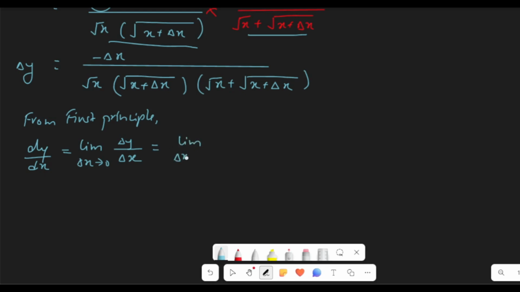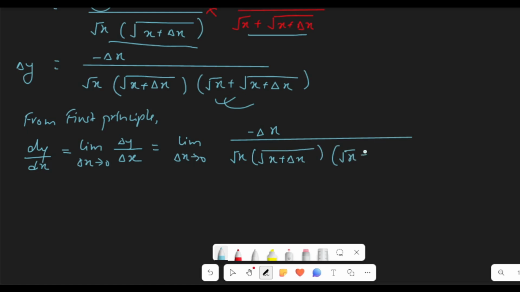So del y is this term here, with the minus sign again: minus del x divided by root x, then root x plus del x, and here we have root x plus root x plus del x. This is del y divided by del x, means there is a del x in the denominator.